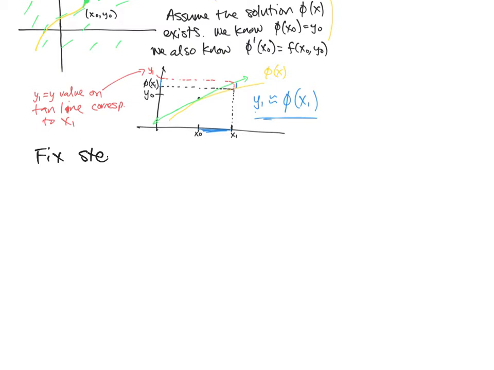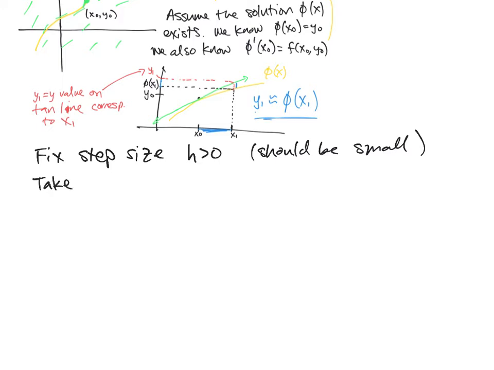Okay, so let's fix a step size h, some positive value, and it should be small, but since we're just writing it out now, it doesn't matter too much. And then we will take our x values. x is our independent variable. So we will take evenly spaced points, which we'll call the xn.